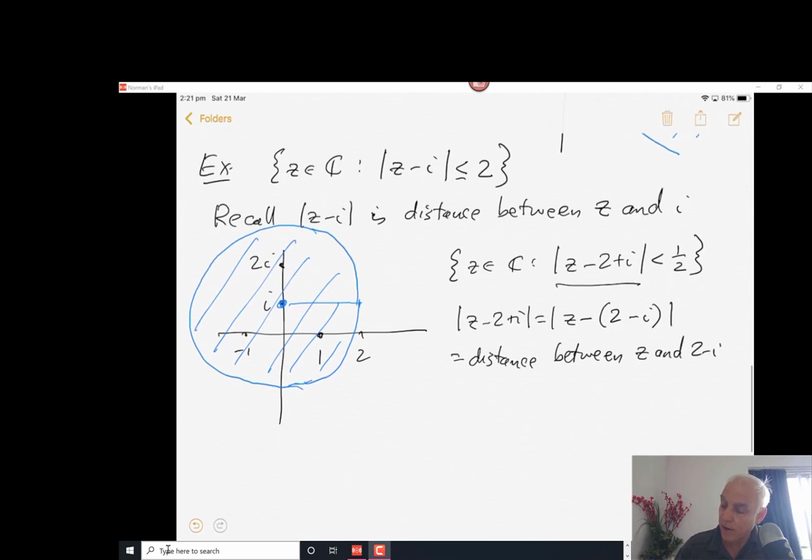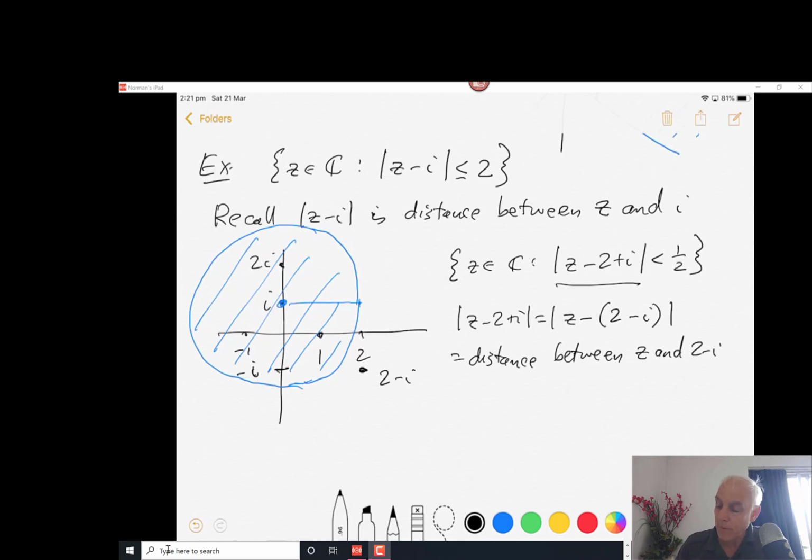So where is 2 minus I on our story? Here is minus I. So 2 minus I is right there, 2 minus I. And now we're talking about a circle which is of radius a half, centered at this point 2 minus I. So here's about a half.